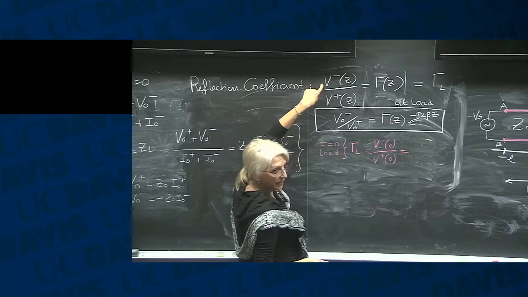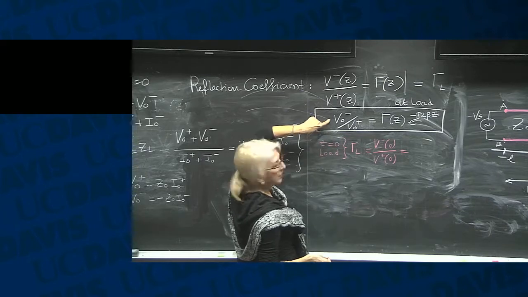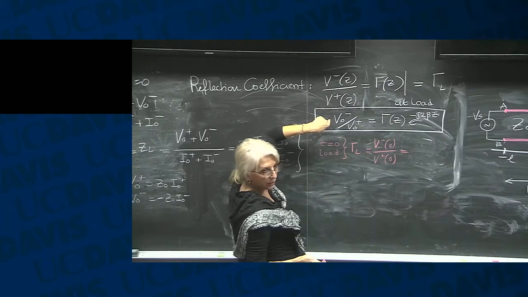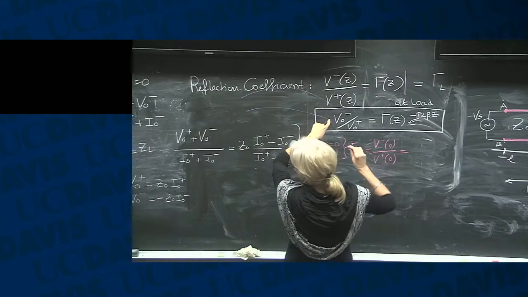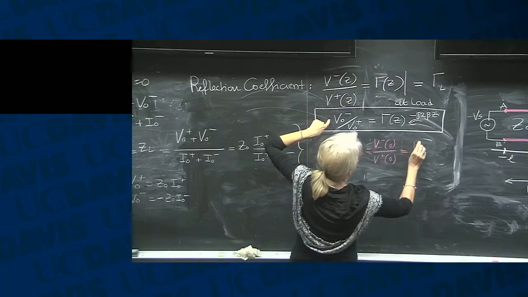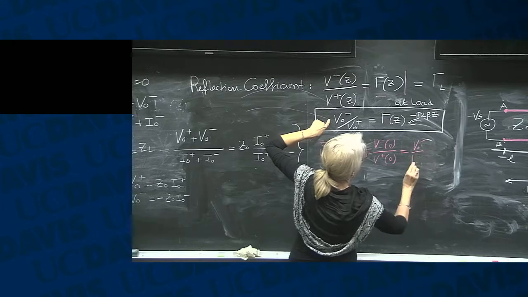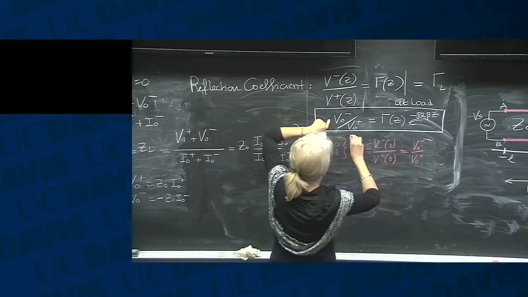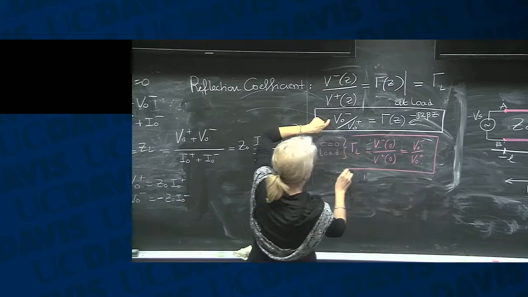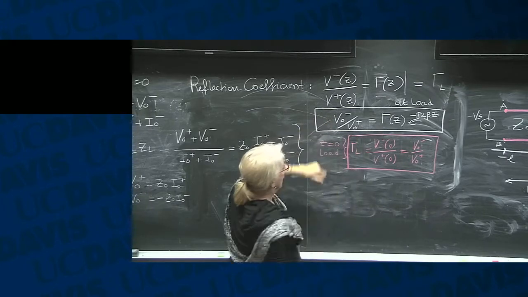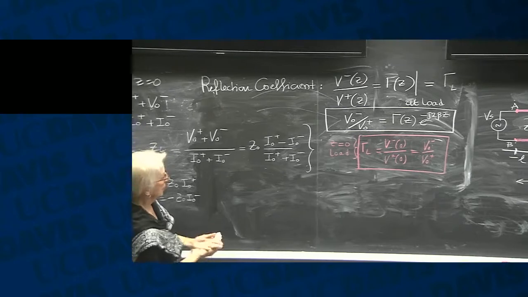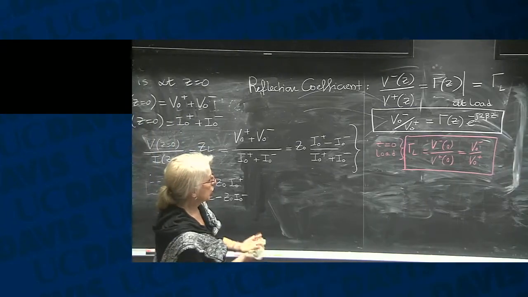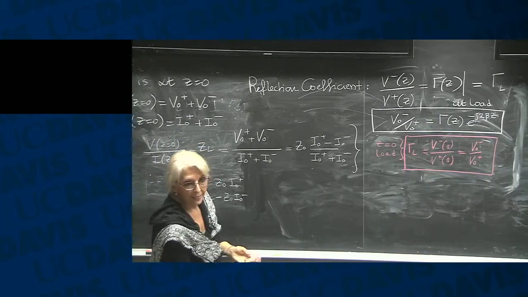How much is that? Do you agree? If I put z equals 0, the ratio of these two is going to give me V naught minus over V naught plus. So I have that gamma L is the ratio of these two entities.